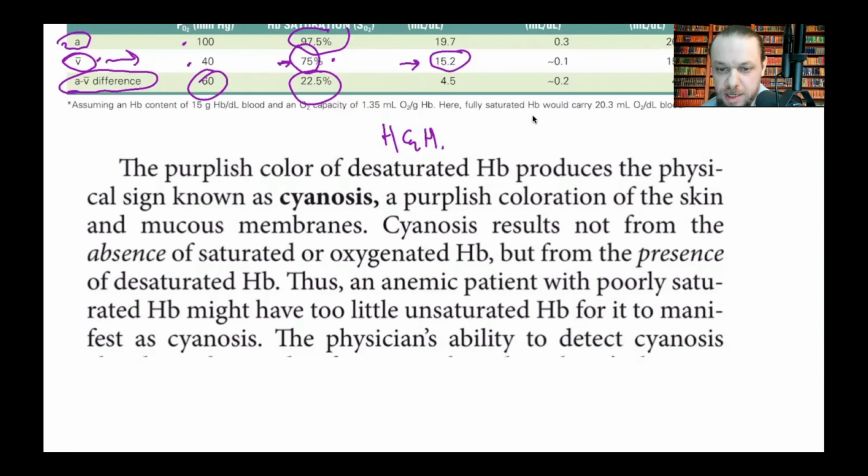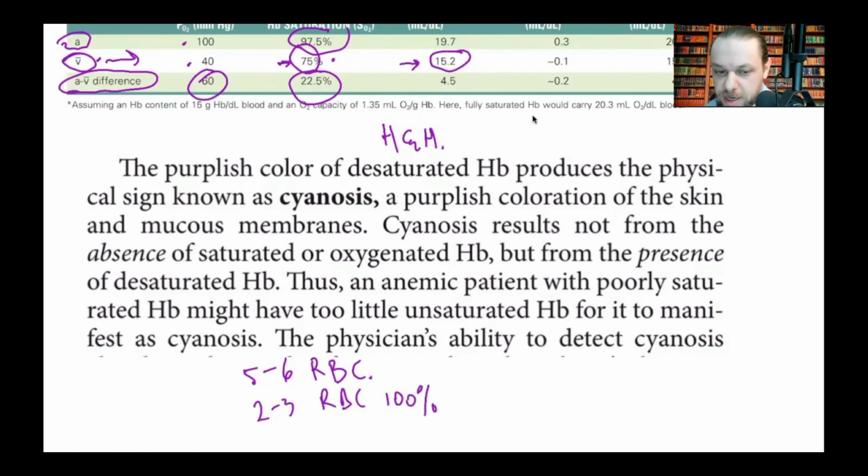And why? Because, like they give you an example, you may have an anemic patient. They may not have enough red blood cells in the circulation, but all those red blood cells are oxygenated. Let's say instead of having 5 to 6 million red blood cells circulating, they have half of that, 2 to 3, but 100% of them are saturated.